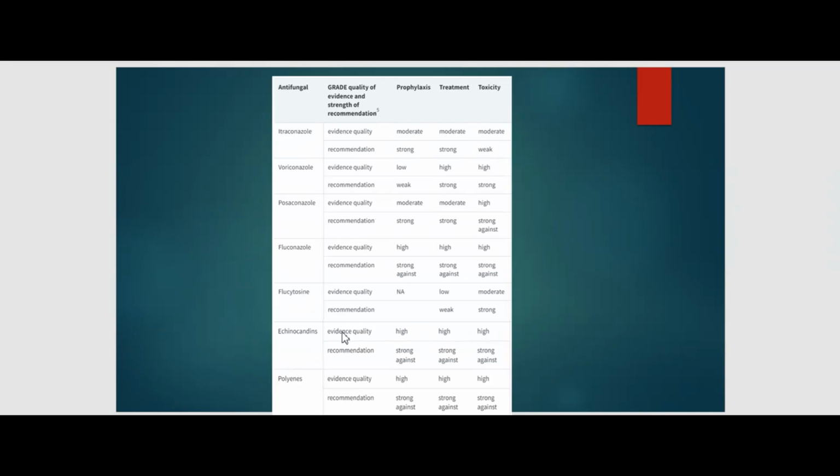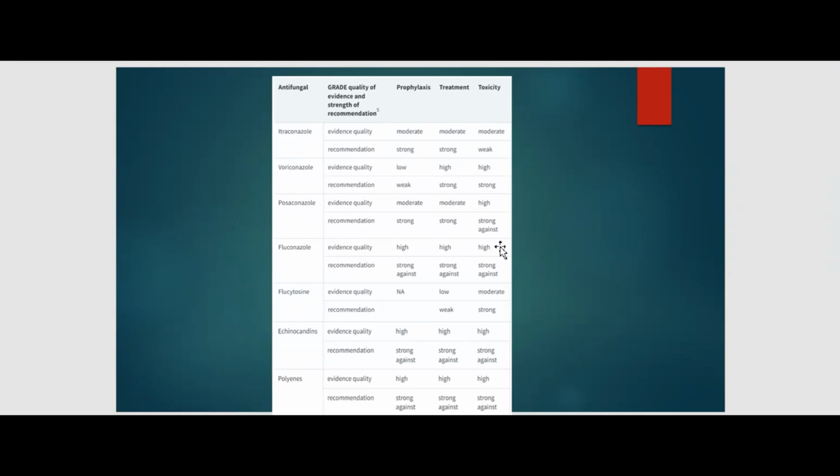Echinocandins have a high and strong against recommendation for all of them, so we don't really monitor micafungin, caspofungin, all these medications, so no monitoring for them. And last but not least, the polyenes, strong against their monitoring as well, so we don't monitor them. An example of the polyenes is amphotericin. That's one of the polyenes.